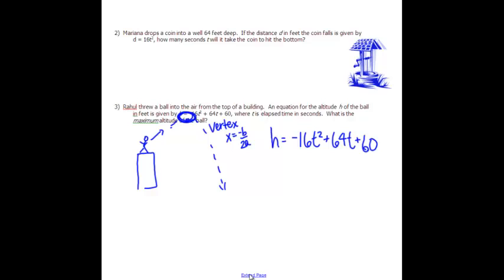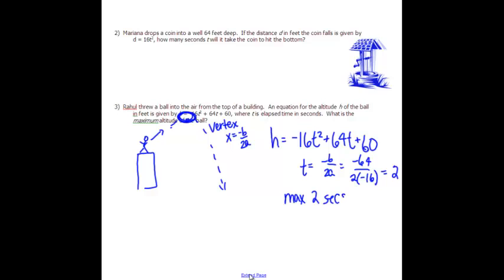Well, in this case, I'm going to use t, not x, so t equals negative b over 2a, which is negative 64 over 2 times negative 16. If I work that out, it's 2. What does that mean? It means the ball reaches its maximum height at 2 seconds.